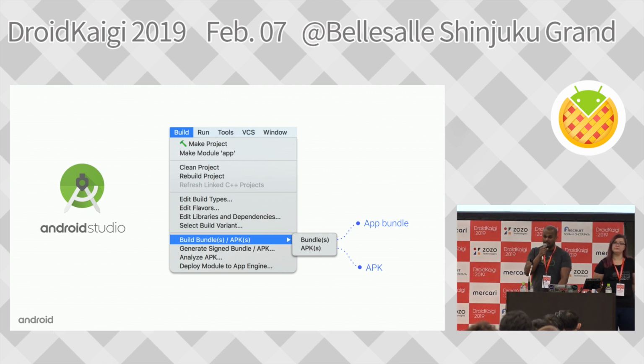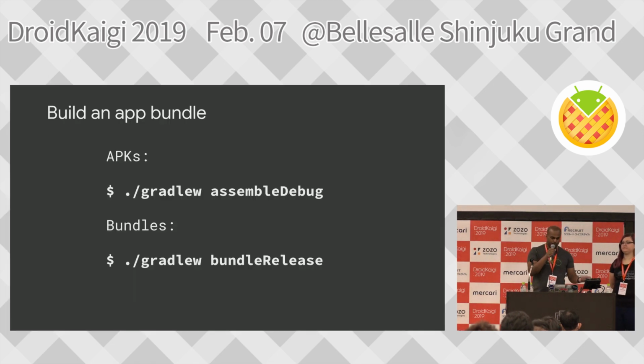So is it hard to build an app bundle? Absolutely not. I'd say 99.99% of users can build one today if they're using the latest version of Android Studio. You just click build, then build bundle instead of APK. And if you're building from the command line, you can just use the bundle task as shown.